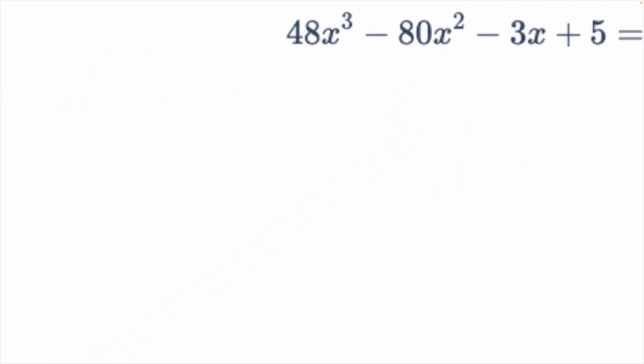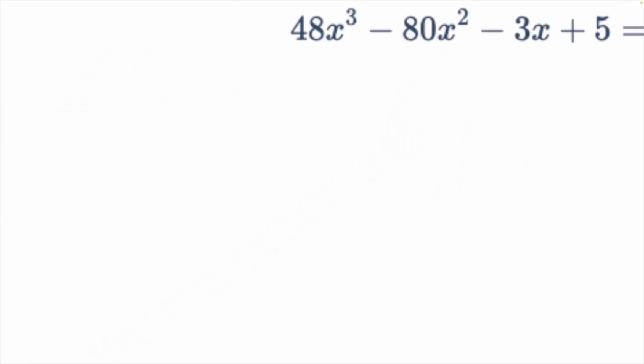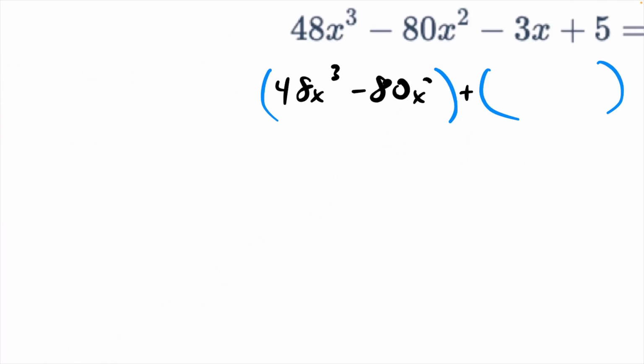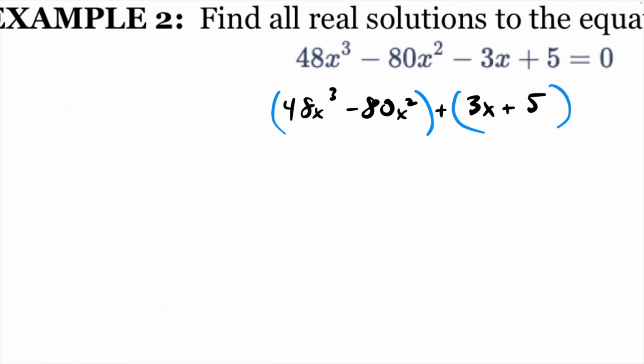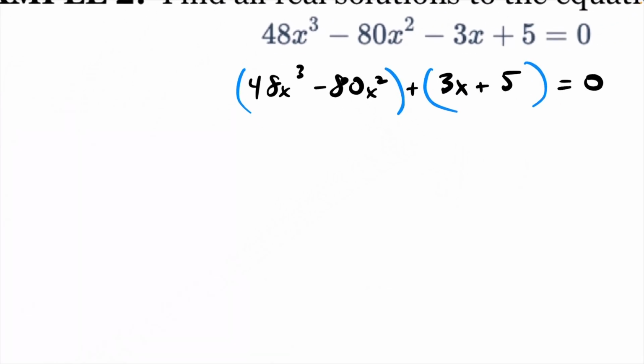Okay? Next step, 2 groups, 2 smaller groups. 48x^3 minus 80x^2, 3x plus 5. Remember, the equal 0 just comes along.